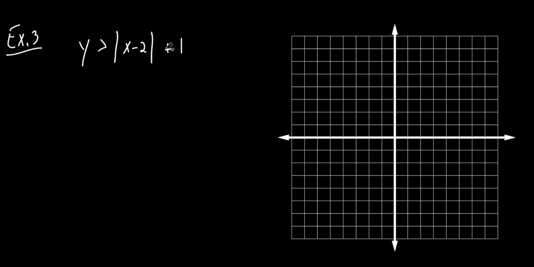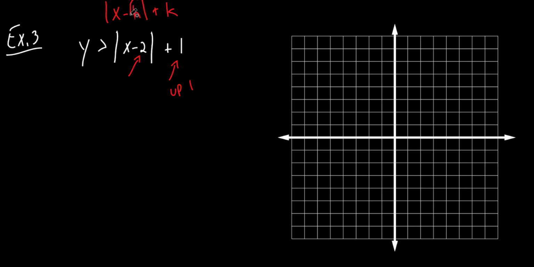What do these numbers do to that V? What does that plus 1 do to it? That moves it up 1, okay? Now, this is the tricky part. What does that one do? Remember, it goes in the opposite direction. Remember, this is x minus a number plus another number, okay?